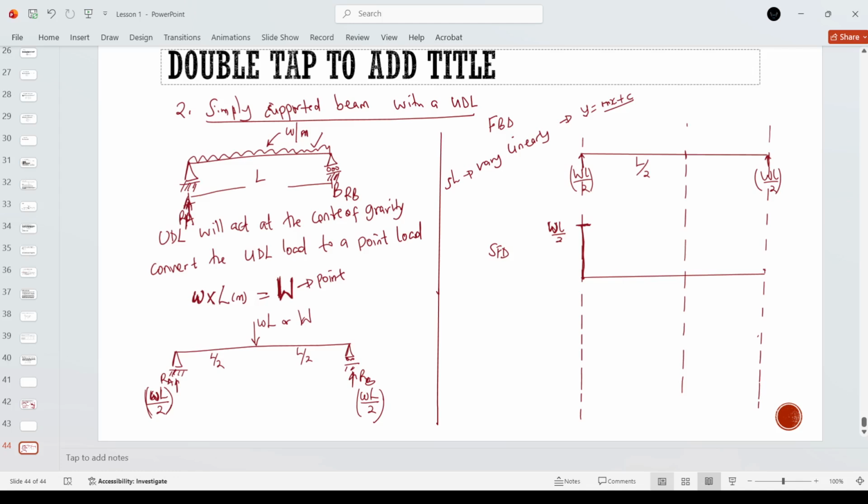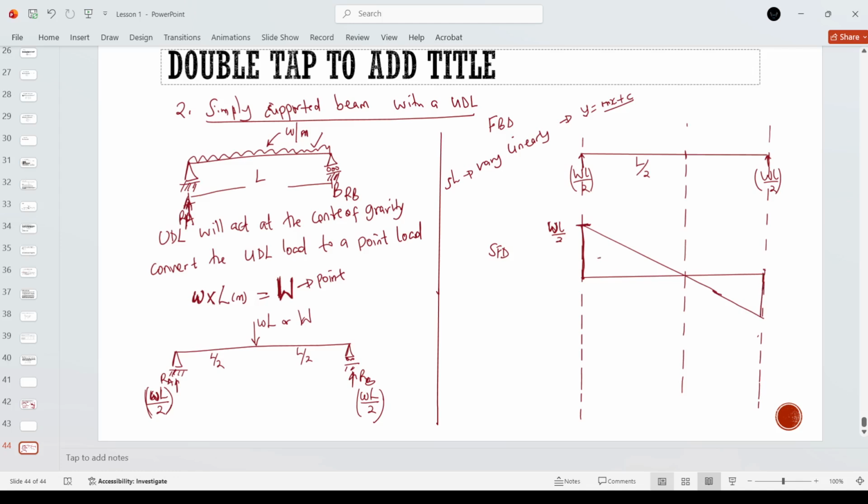It's just going to vary linearly. So what do we mean by that? It's going to vary in this manner as I'm going to draw now. Okay, it will not be constant.